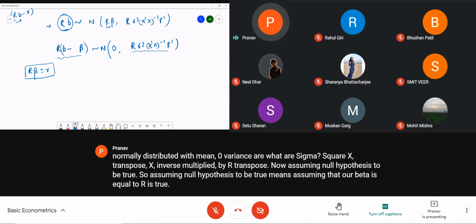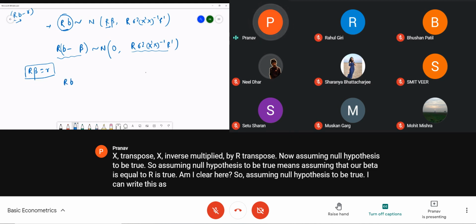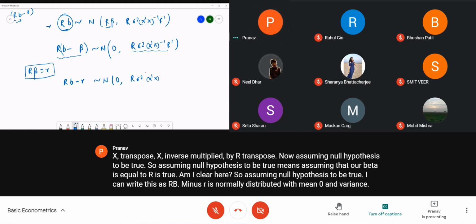So assuming the null hypothesis to be true, I can write this as Rb minus r is normally distributed with mean 0 and variance given by.